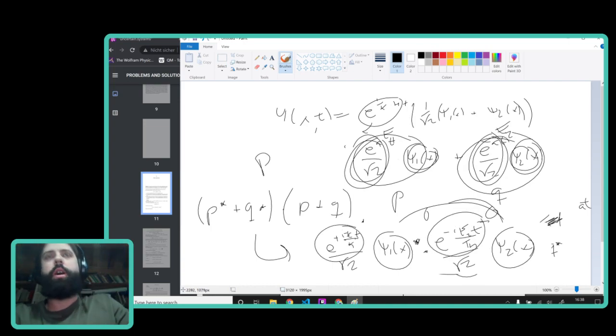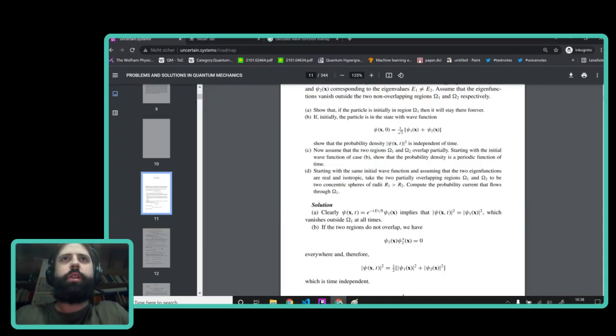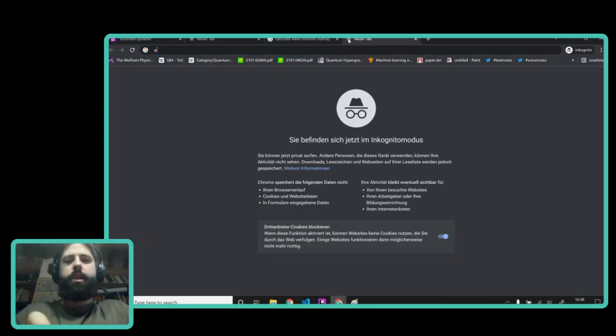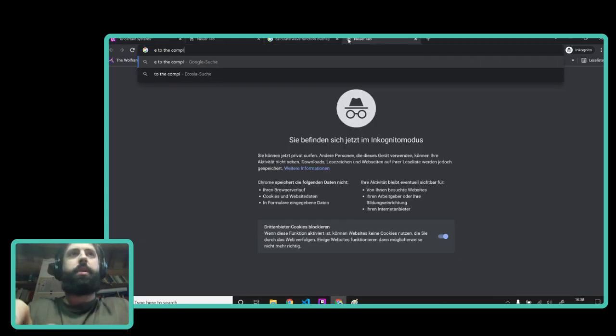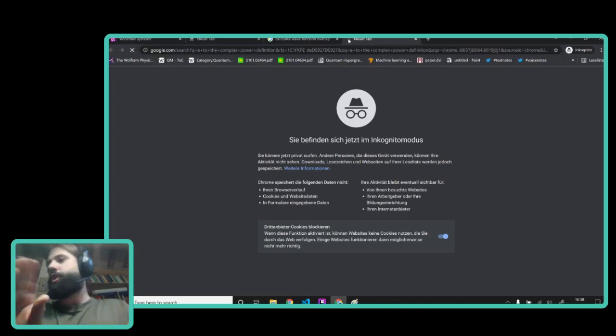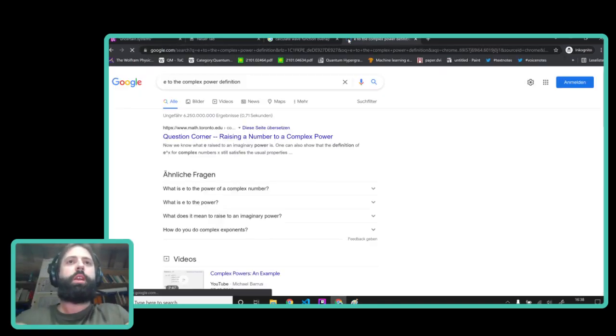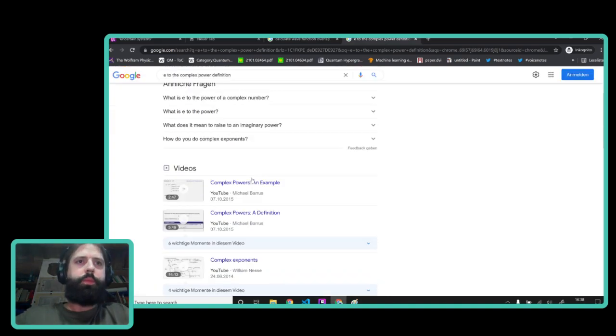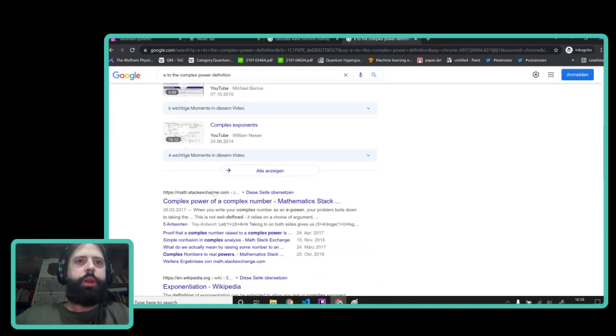I just know they are cyclical because it's an e to the complex power, and I know that kind of thing spins around. And yesterday or 2 days ago I was taking a look at the definition of e to the complex power, and there's a definition in terms of sine and cosine, which I think would just directly answer the question, right?